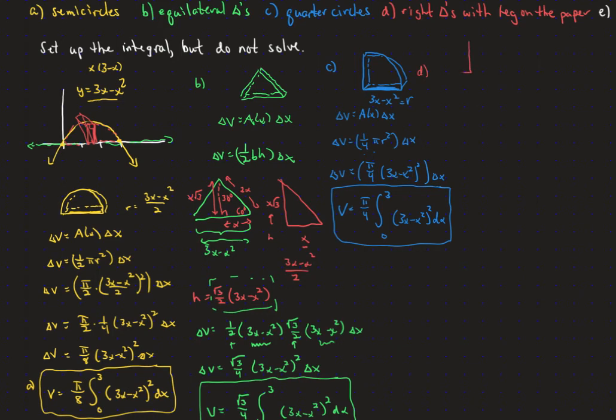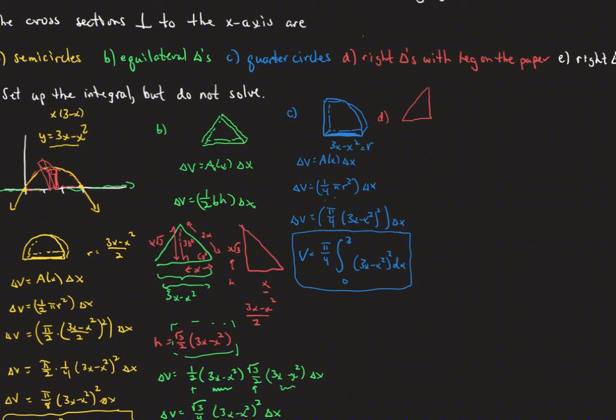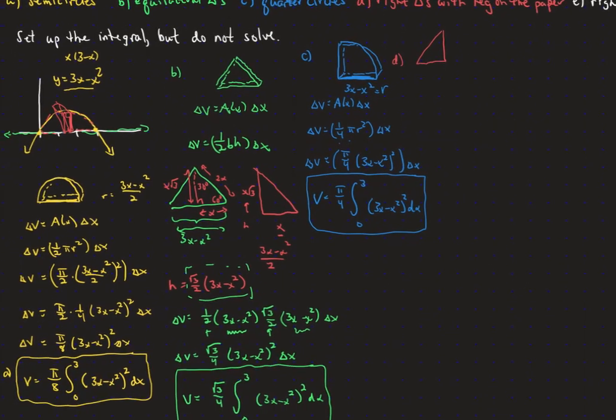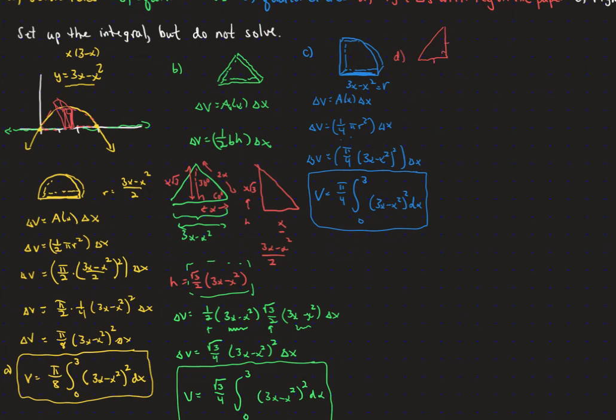So we're going to get this right triangle, and I should have said, I'm going to doctor this up now. I'm going to say it's an isosceles right triangle. So that means these two side lengths are going to be the same. So we know that our delta volume is going to be our area of the cross-sectional piece times delta x. The area of our triangle is going to be 1/2 base times height.